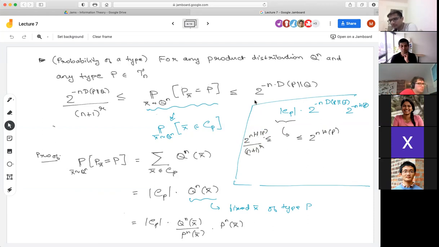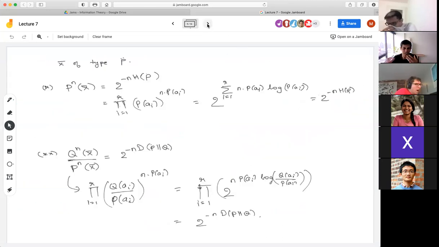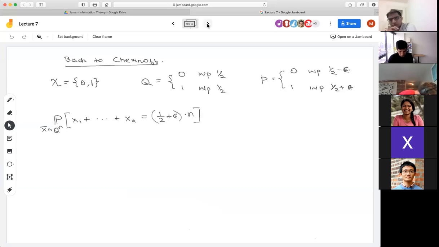So once you plug in the bounds on the size of the type class, you get the two bounds on the probability that if you sample something from Q, its type looks like P. Okay. As you said, it's basically just carefully counting how many things there are of a given type. And if you break the counting down in terms of that, the probabilities are relatively easy to compute.